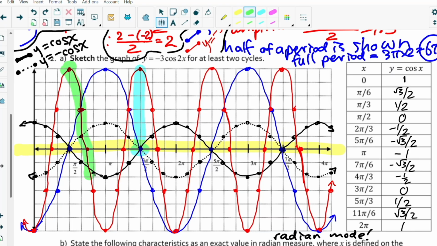So I'm going right there. That's a half cycle. And then I'm going to go all the way up for a full cycle, returning peak to peak. Okay, so I start and I return at the same spot. Okay, x value wise, and that's pi over 2 to 3 pi over 2.